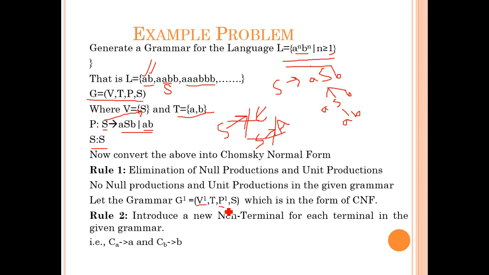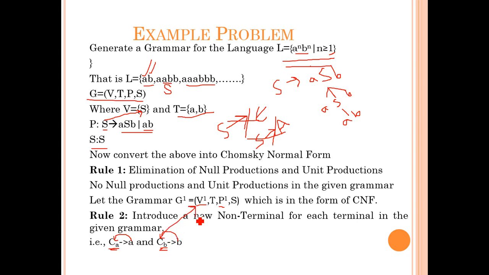So, what is rule 2? Introduce a new non-terminal for each terminal in the given grammar. What are the terminals we have? A, B. For A, I am introducing a new non-terminal CA, and for B, I am introducing one more, that is CB. Now, these two are new non-terminals which must be added to the variable set V dash.